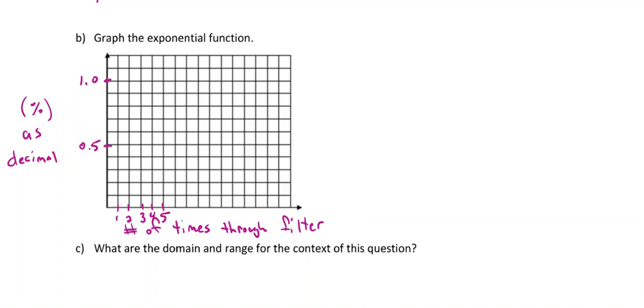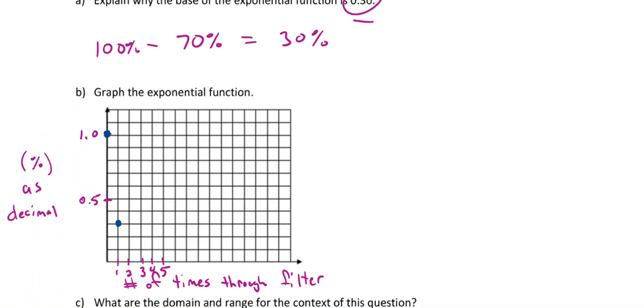Okay, so very first one here. If we had no filters used at all, so 0 filters, what percent of the original would we have left? 100 or 1, right? Written as a decimal will just be 1. So our first point is going to be up here. Okay, if we use 1 filter, how much are we going to have? 30%, so that's 0.3. So there. Okay, now 2 filters.